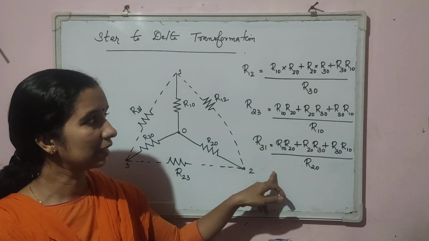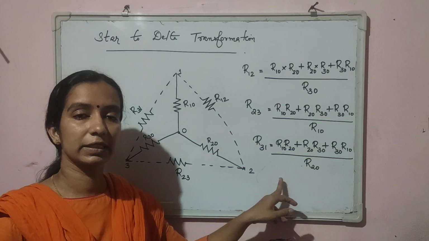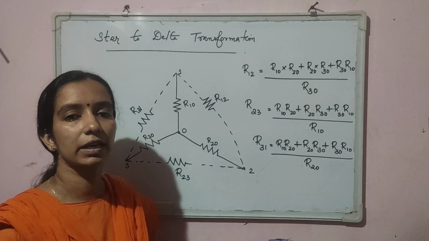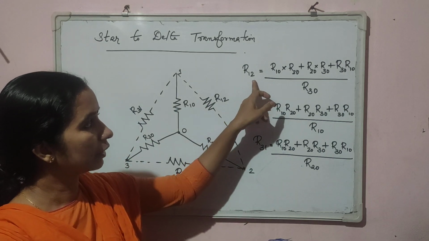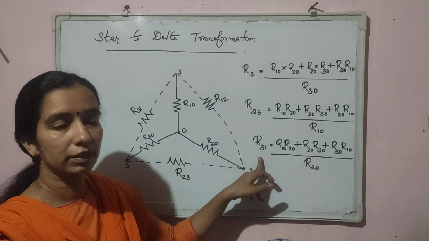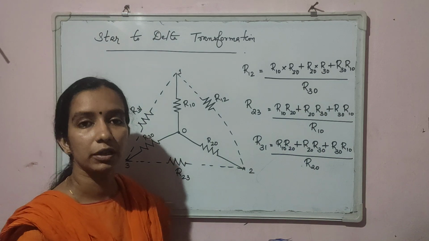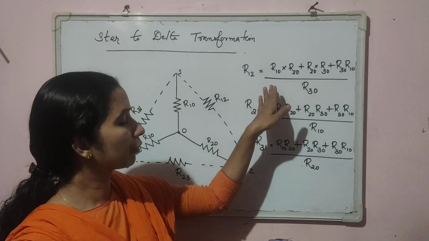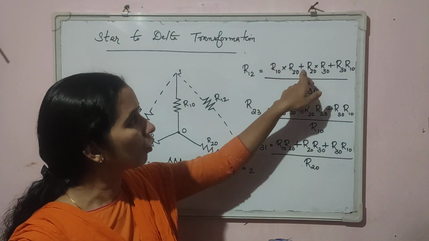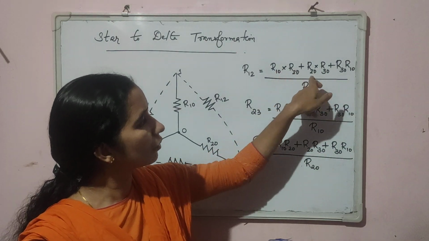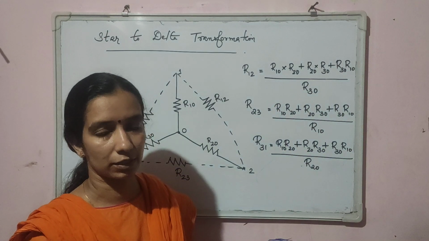Equations for calculating the value of delta connected resistors equivalent to a star connected system. So R12, R23 and R31 are the resistors of the equivalent delta connection, and for all the resistors the numerator is the sum of products of all possible pairs of resistors.